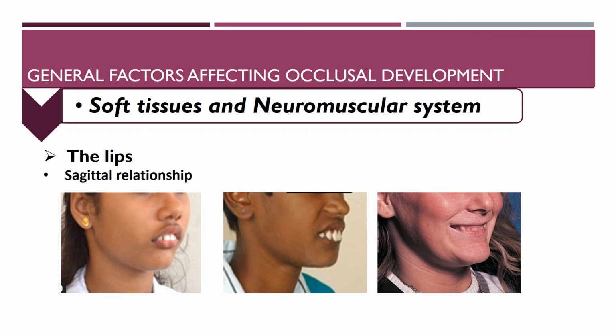In other skeletal class 2 cases, the lower lip functions entirely in front of the upper incisors, causing them to be retroclined into the class 2 division 2 incisor relationship, as we see in this female patient.